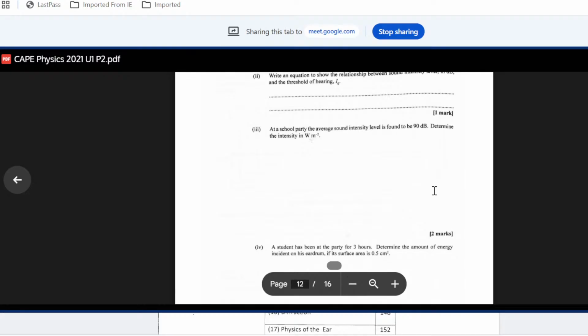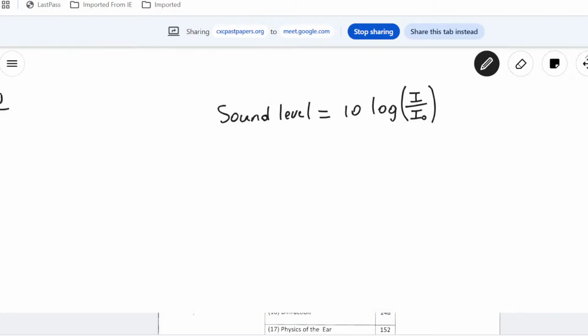The average sound intensity level is found to be 90 decibels, determine the intensity in that. So it is 90 divided by, wait, no, hold on. 90 is equal to 10 log I over I naught. So wait, hold on. I think I know.